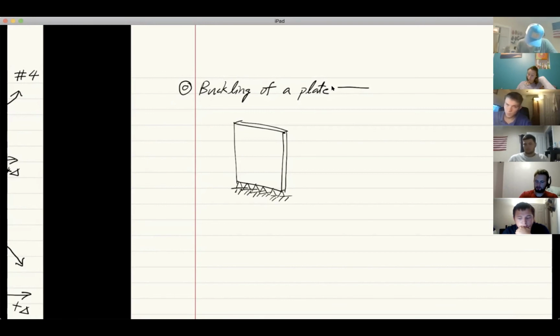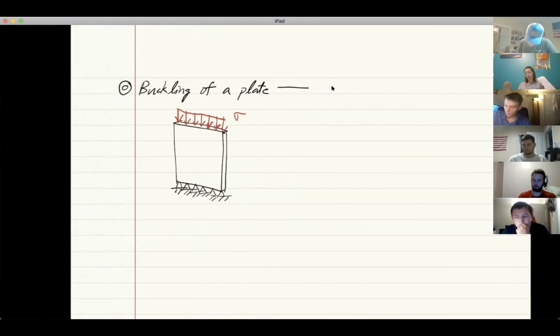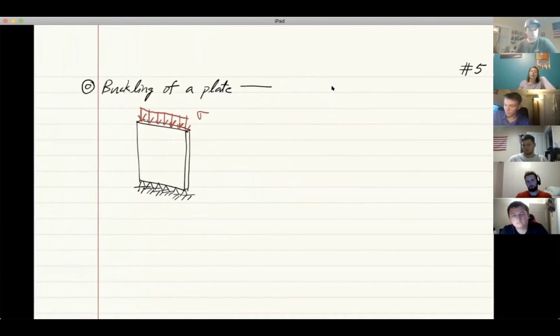In this case, you have uniform loading. For uniform loading, we don't use the force P, we use sigma. So you call this a sigma. Of course, to find the force, you just multiply the sigma by the cross-sectional area, then you get the same force.